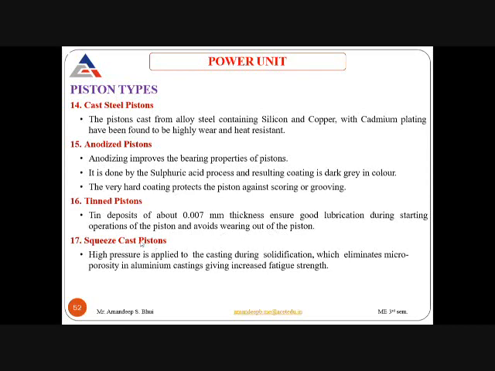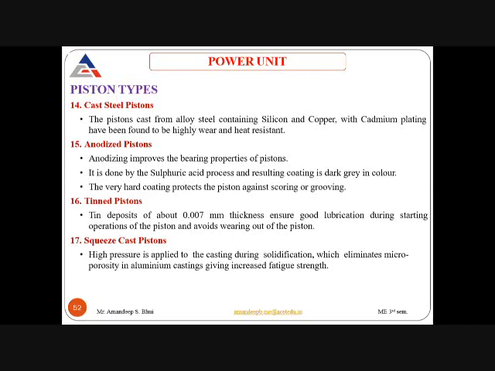Next is your squeeze cast piston. Now in this case, we use the squeeze casting operation, in which the material is squeezed and the casting is done under high pressure. When the casting is done under high pressure, the micro porosity is eliminated, because in normal casting the defect of porosity comes in.